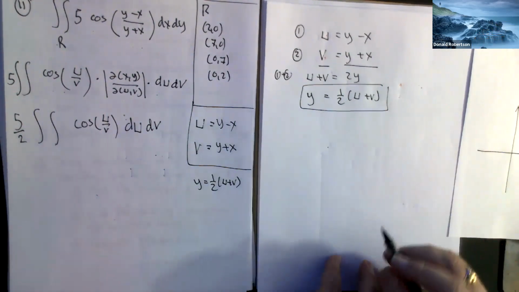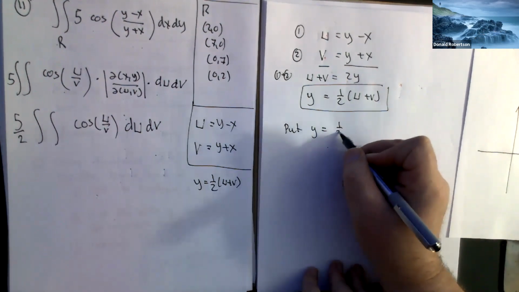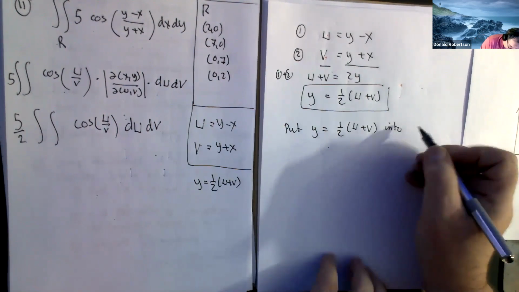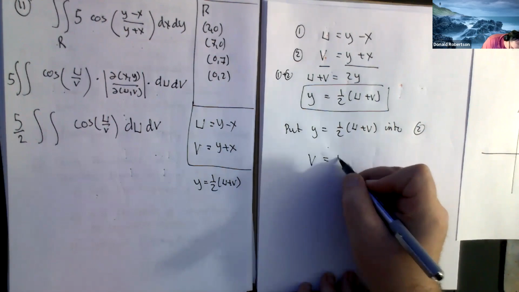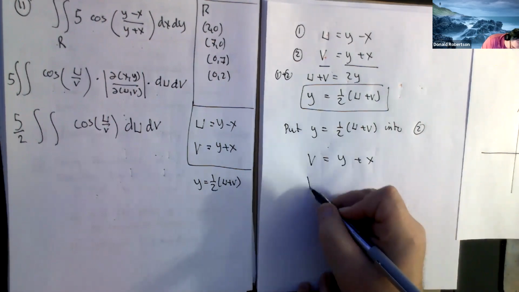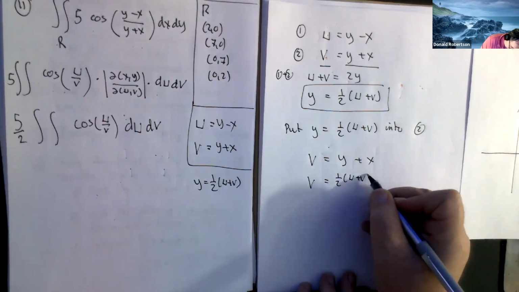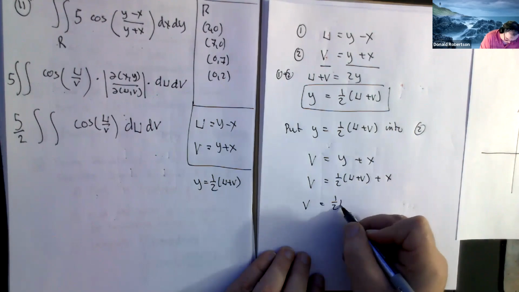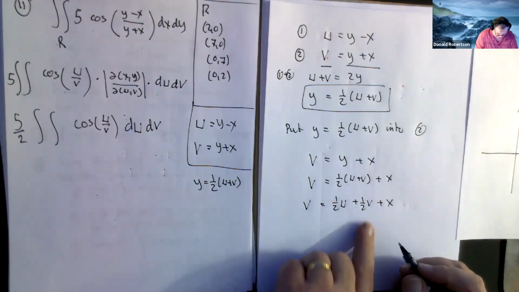Now I want to get x. Well, how about putting y equals 1/2 (u plus v) into, I don't know, equation 2. So v equals y plus x, v equals y, which is this, plus x. v is 1/2 u plus 1/2 v plus x.